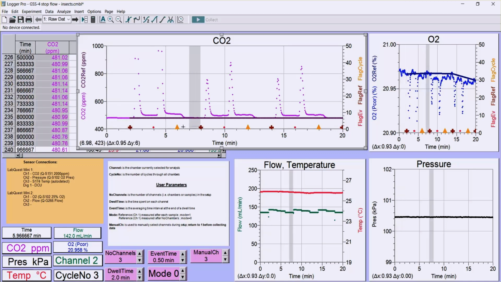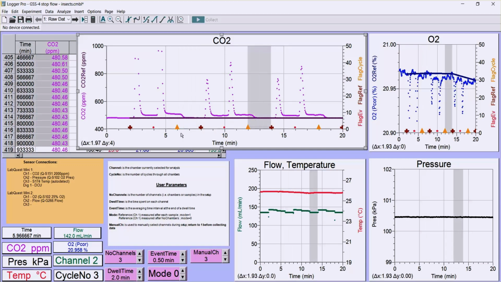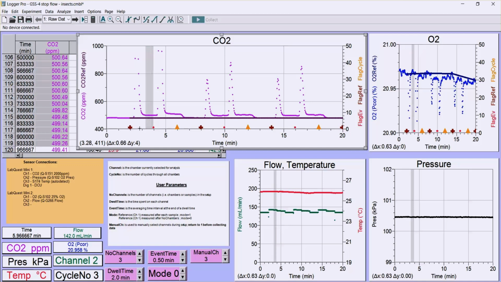So you can see that here, and you can see that here as well. Red dots represent the switch from all the subsequent channels. So in this case, channel 2 is switched here and into channel 3. So data collected before that red dot and up to this red cross represents data collected from channel 2.